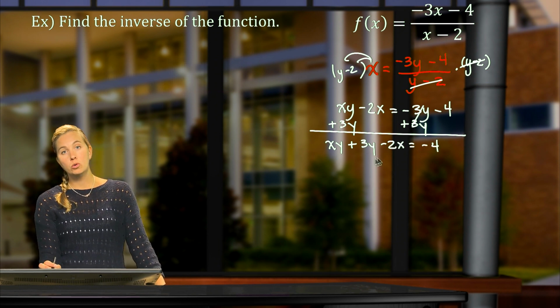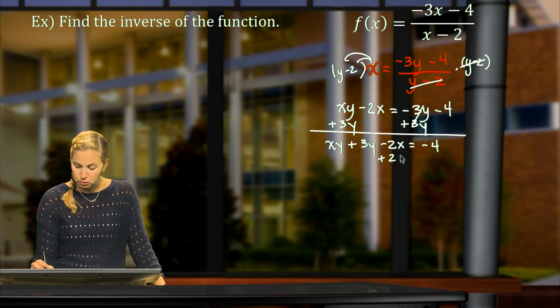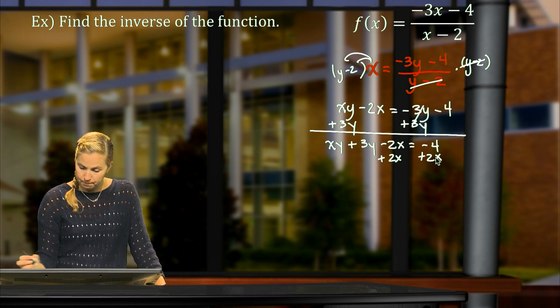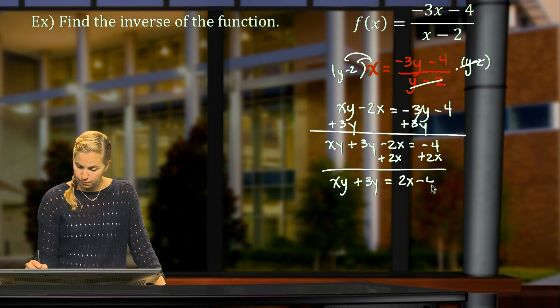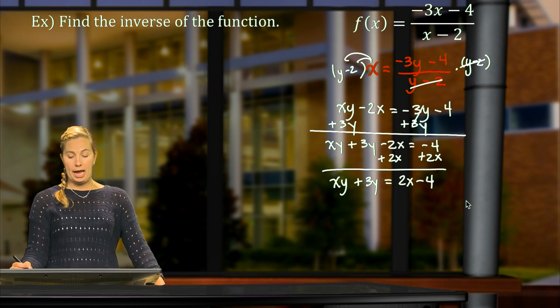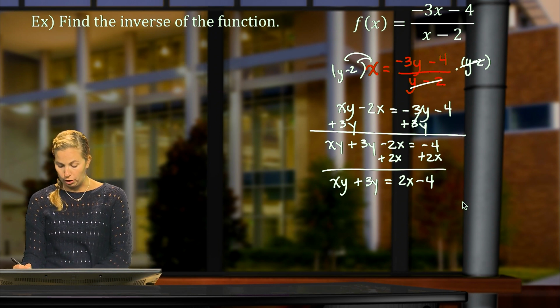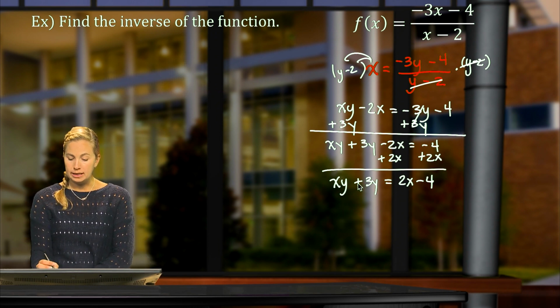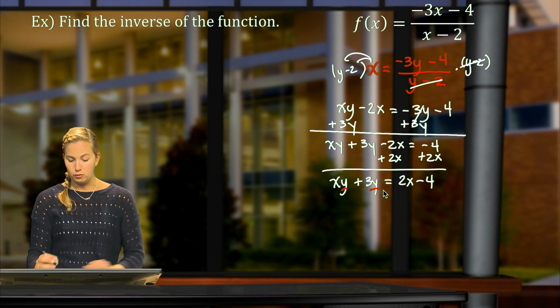And so that I've got only y's on the left-hand side, I'm going to add my 2x to both sides. So now I've got xy plus 3y is equal to 2x minus 4. If I look at this left-hand side, both of my terms have a factor of y.